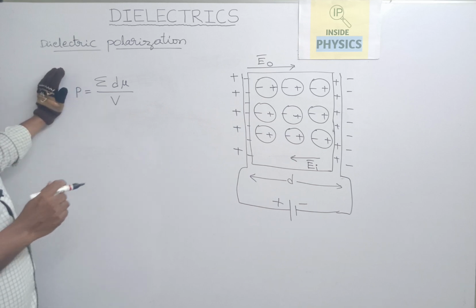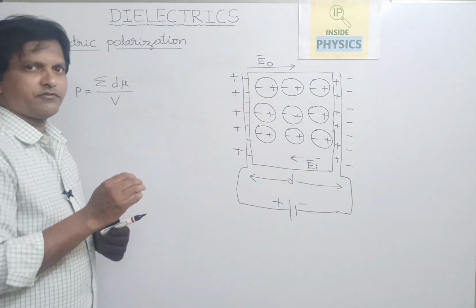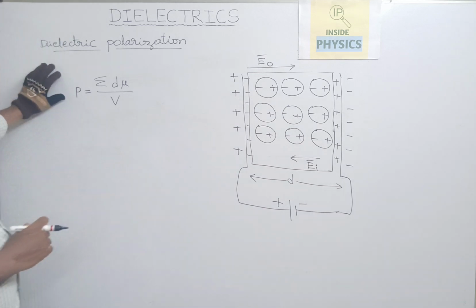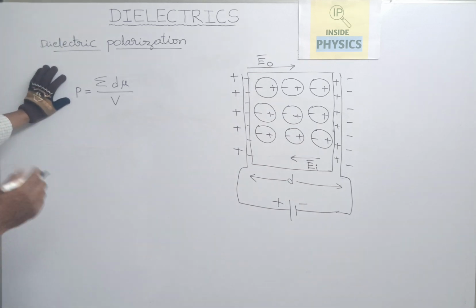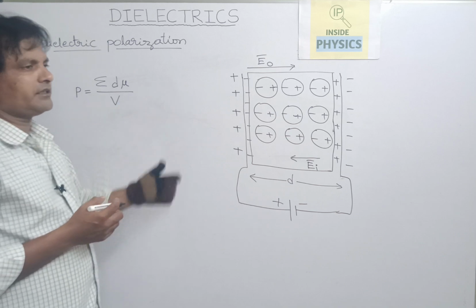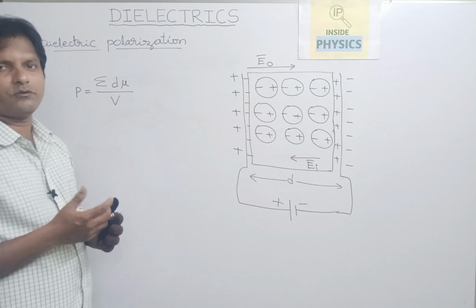It is also called electric flux density. So the net polarization is defined as the total net dipole moment per unit volume.